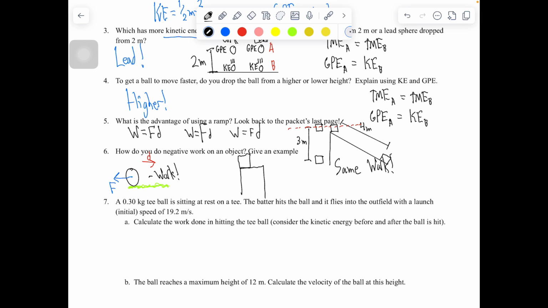You grab the chips, and you bring them down to some lower height. The chips had a lot of gravitational potential energy, and now they have less because you brought them down. As you're bringing the chips down, your force is upward, but the distance the object traveled was downward.